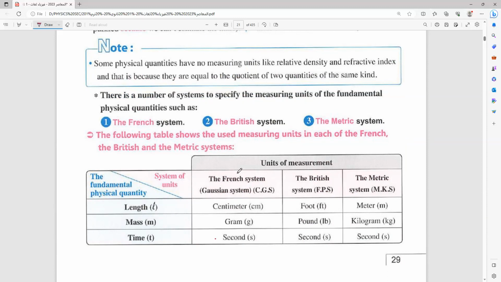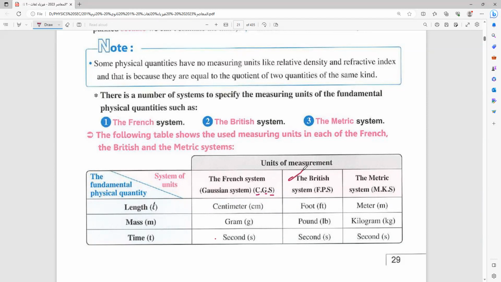So the French system is called the Gaussian system or CGS. C means centimeter, G means gram, S means second. So we have many different systems in a measurement process.